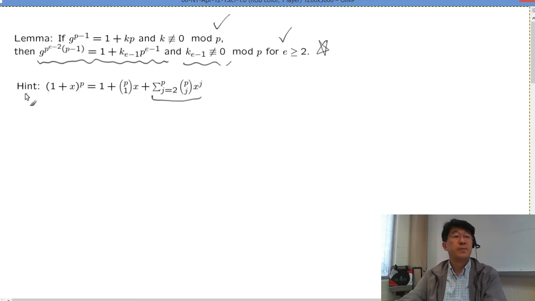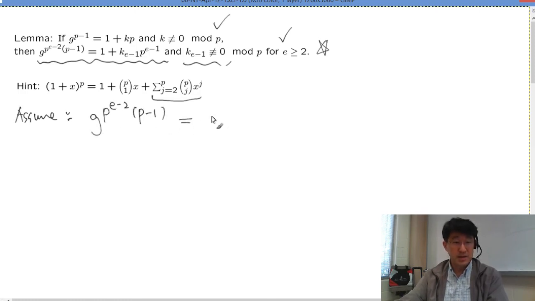Okay, so assume, what are we assuming? G to the p to the e minus 2, p minus 1 power is equal to 1 plus k, I'm just going to call it k0 to ease the index, p to the e minus 1, and k0 is not 0 mod p.